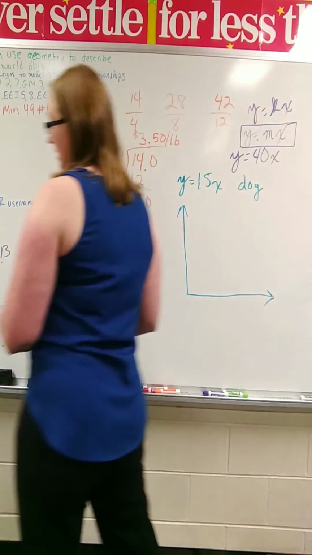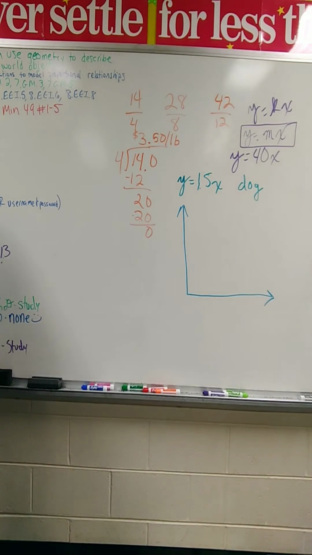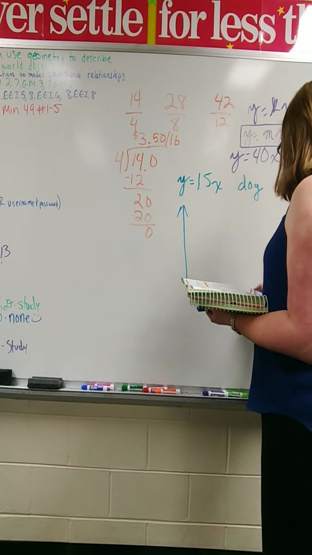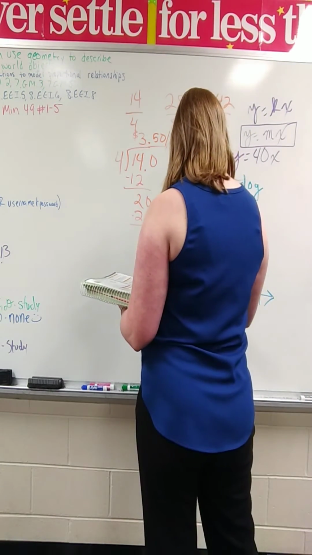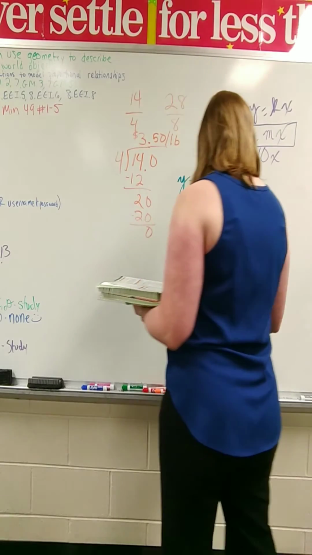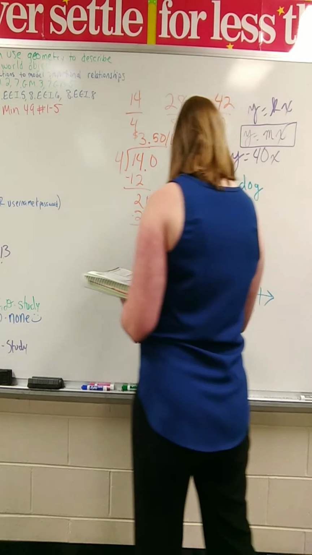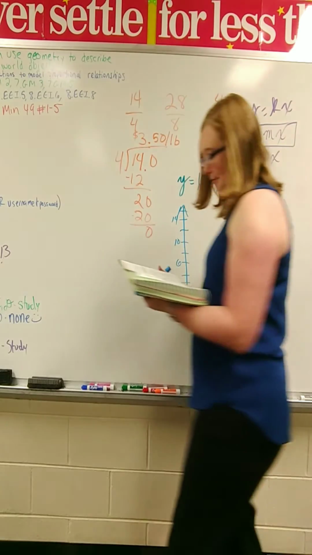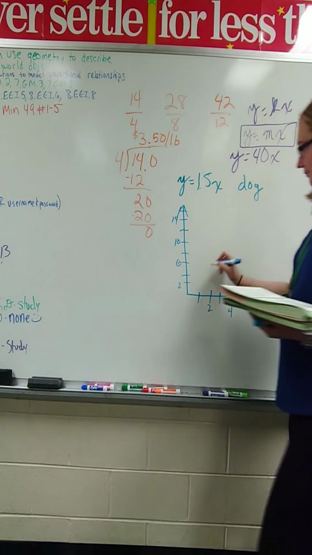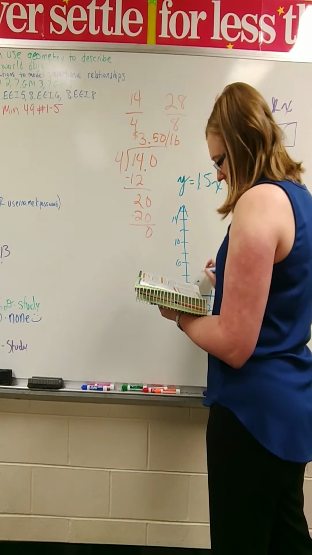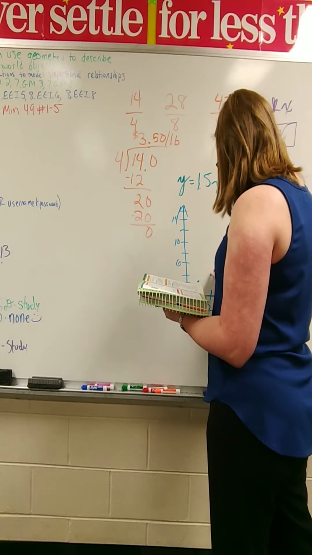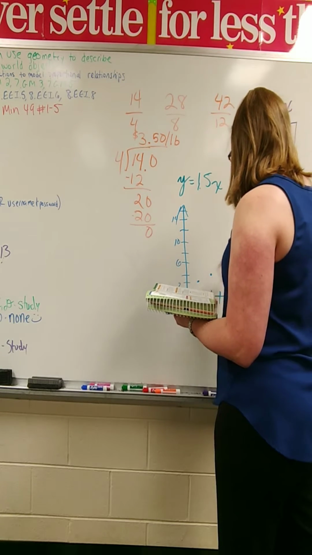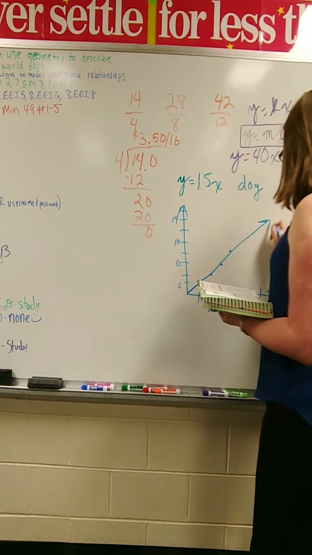For our cat, we have the points (1, 2), (2, 4), (3, 6), (4, 8). Alright. Straight line.